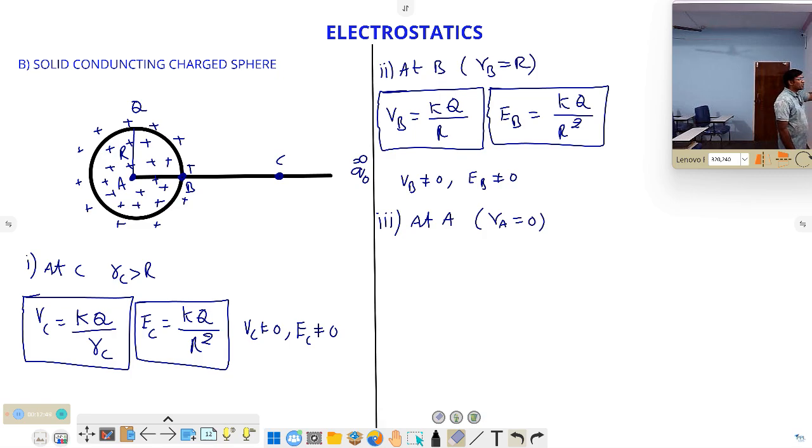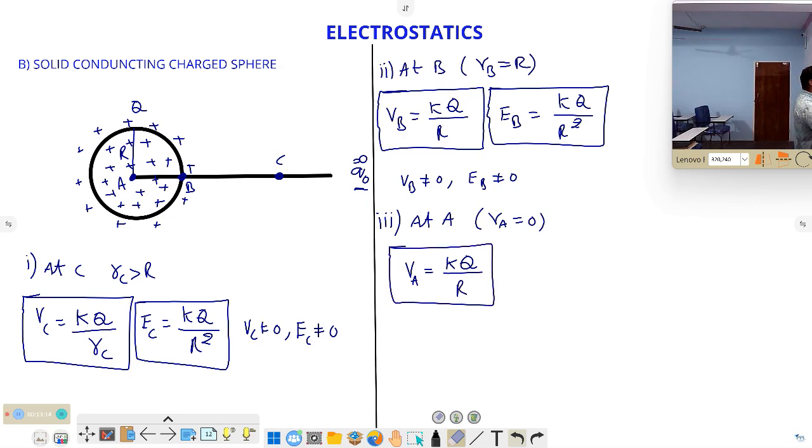The potential is different: to bring the charge from infinity to the inside, you do the same work as up to the surface. So the potential at point A is not 0; it is K Q / R, where R is the radius of the sphere.